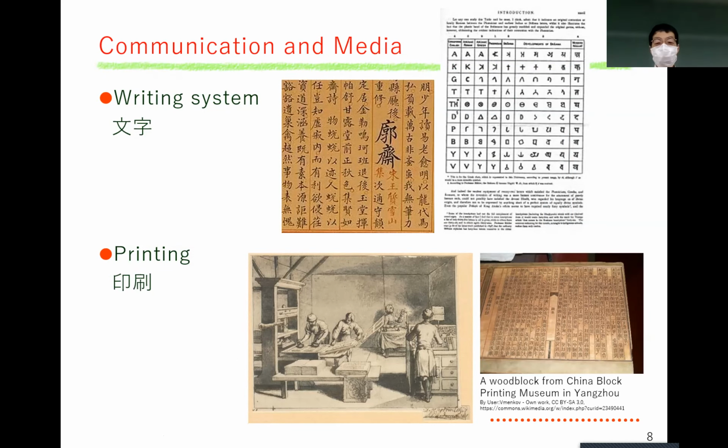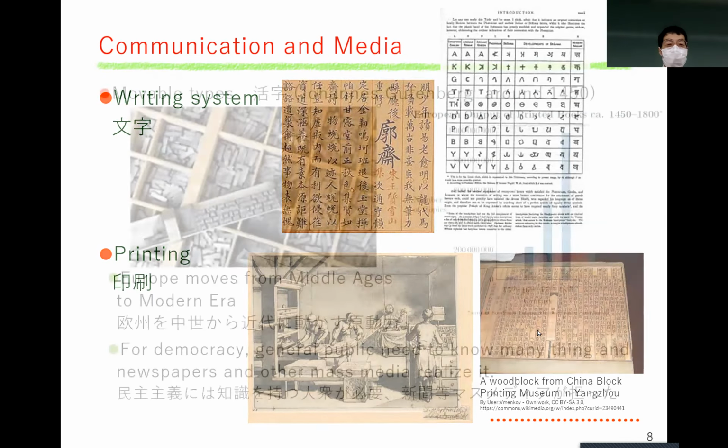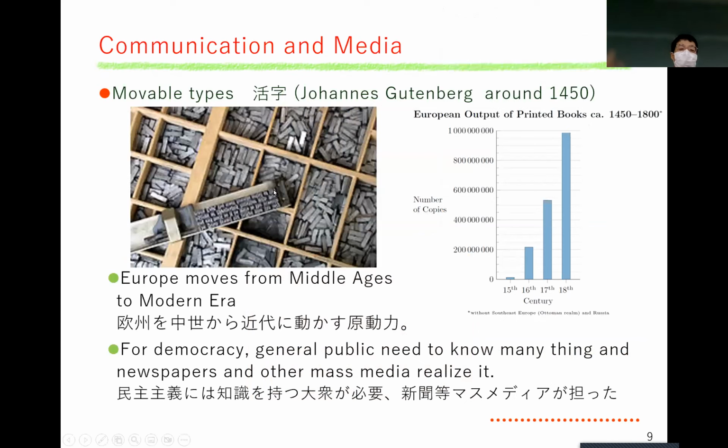One page requires one wood block. But with movable types, you don't have to create the block from scratch. You can pick up each character, put them in this box, and then you get the block to print.